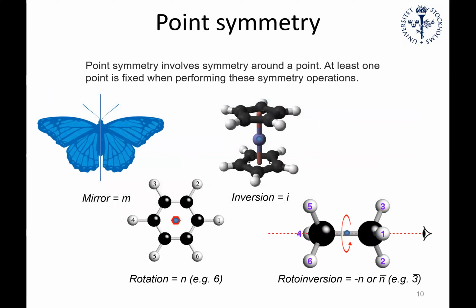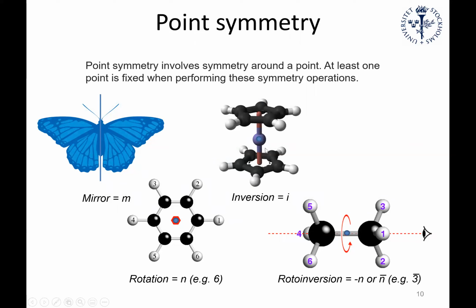Okay, so we'll start off with point symmetry. Point symmetry is a subset of these symmetry operations. With point symmetry, that symmetry operation will have at least one point that is not affected by it. So for example, let's start off with the inversion center first.